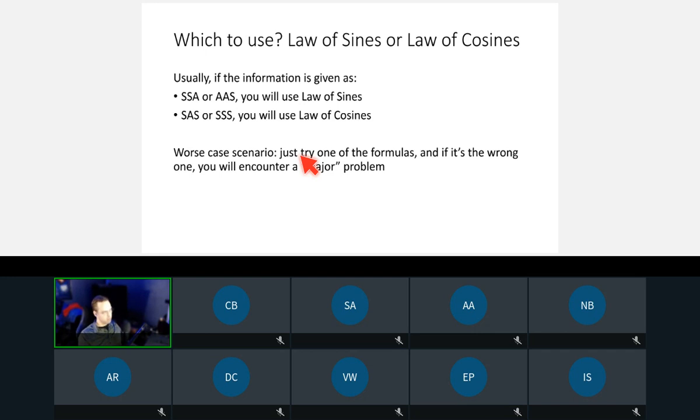Like you have more than one variable you're trying to solve for, or the math seems overly complicated. And then, if that happens, you just try the other formula. So you only have two choices, right? It's law of sines or law of cosines. It's not like you're trying 8 different formulas.